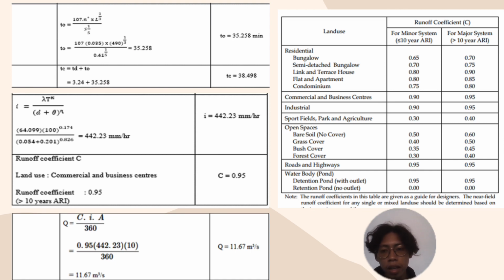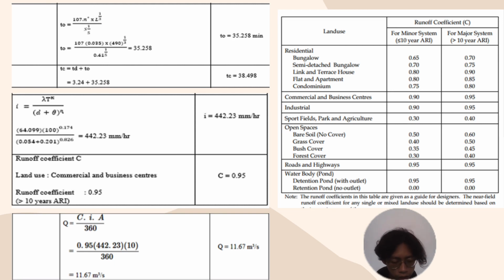And then we find out the runoff coefficient, which is C. The land used for this project is commercial and business center. So the runoff coefficient is 0.95, for the 10-year ARI. So we consider it in the table of runoff coefficient.